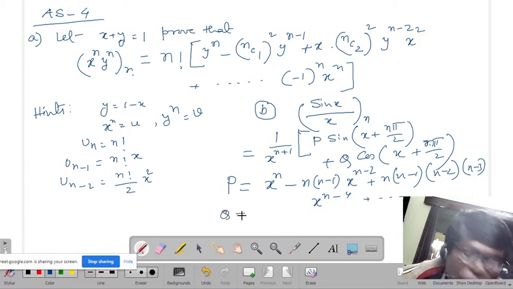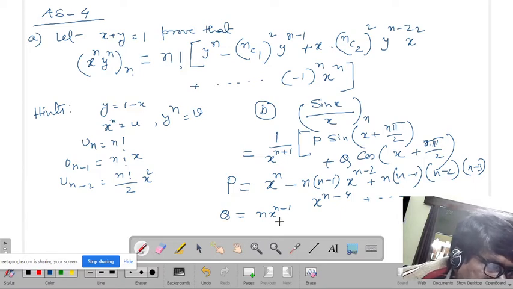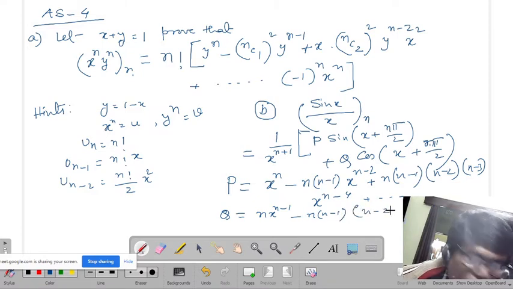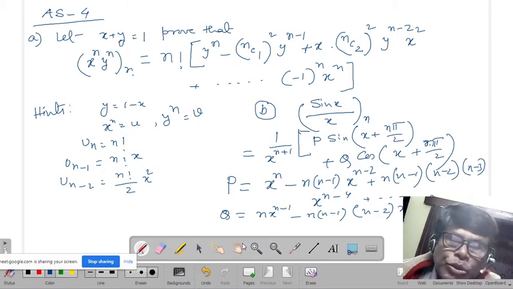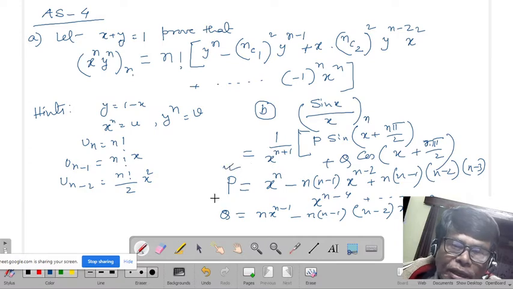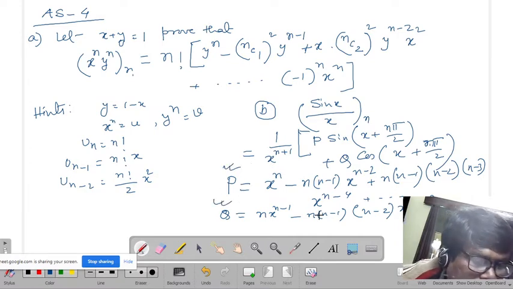And q is equal to n into x to the power n minus 1 minus n into n minus 1 into n minus 2 x to the power n minus 3 plus dot dot dot. So this is the sum where p is given and q is given.